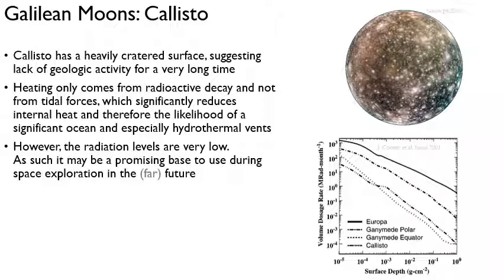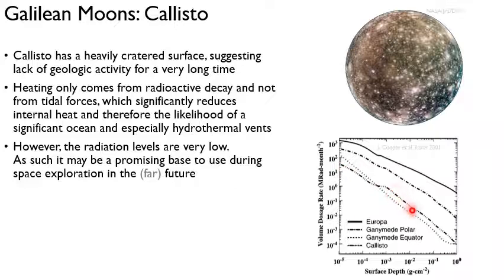Now, one thing that is interesting to mention about Callisto is that though the habitability is quite low, I would say, the radiation levels are very low. It's far enough from Jupiter that it's far from the radiation belt. You're also very far from the sun at this distance. If you look at the radiation dose as a function of depth underneath the surface, you can see that Callisto is this dash triple dot line here.